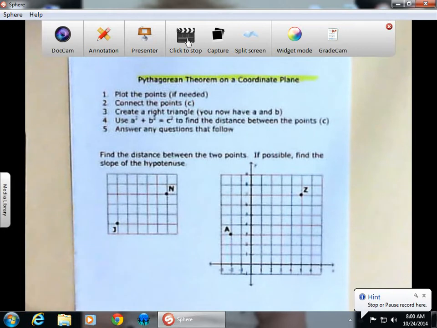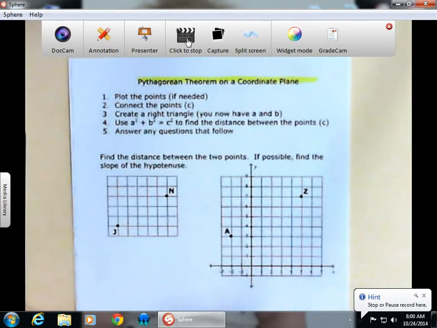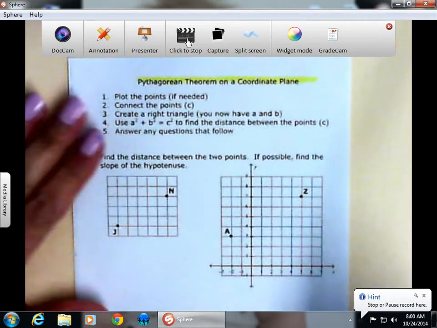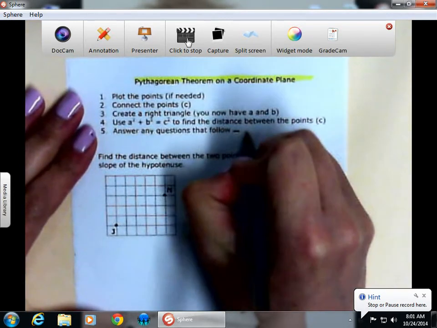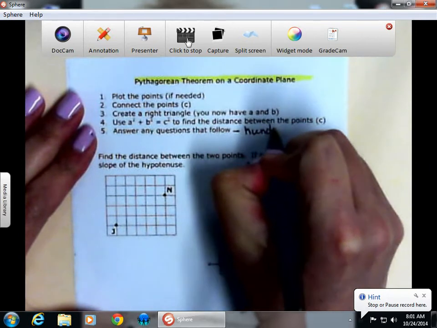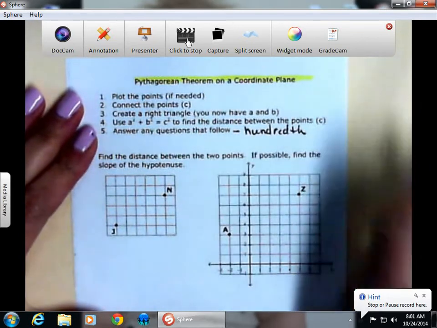Now we have the A and the B. Use Pythagorean theorem, so A squared plus B squared equals C squared, and that's going to give us our distance between the points. And then we're going to answer any of the questions that follow. We're going to amend this just a little bit, and we want to go out to the hundredths place. So write down hundredth so that you remember.